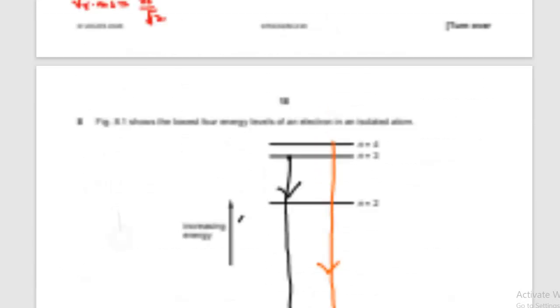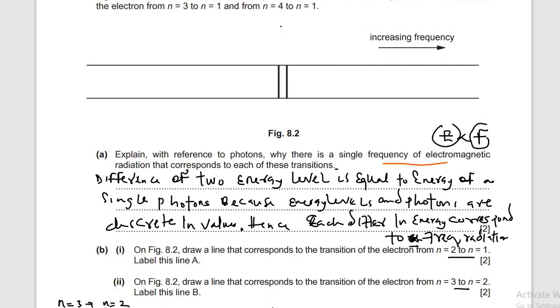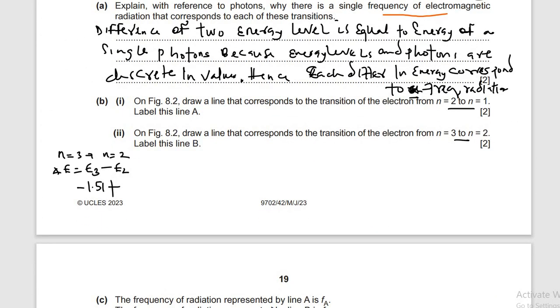E2 gives us 3.41. So 3.41 minus 1.51, that's 1.9. So the change in energy level, which we said we should label B, is 1.9.